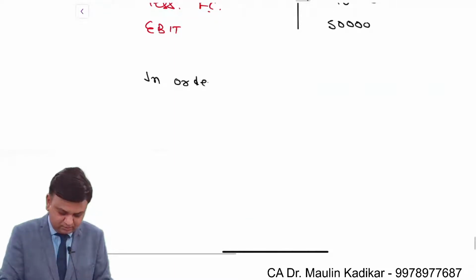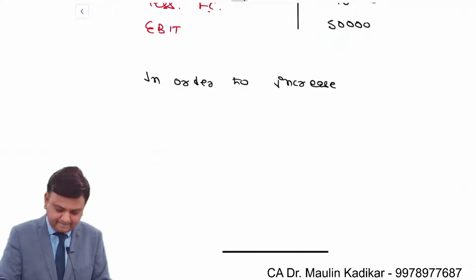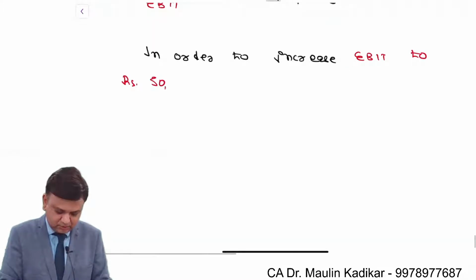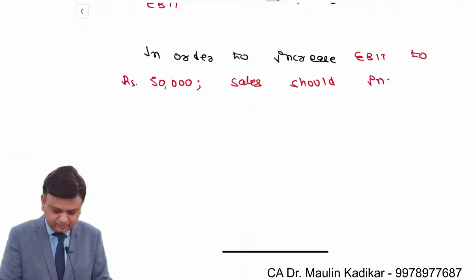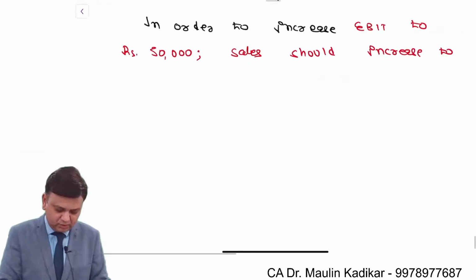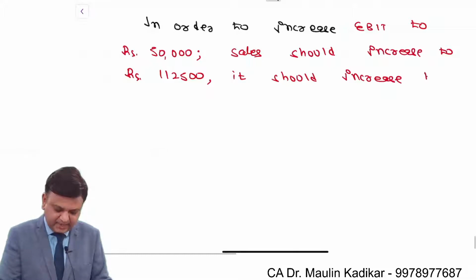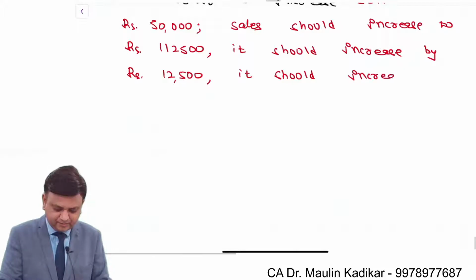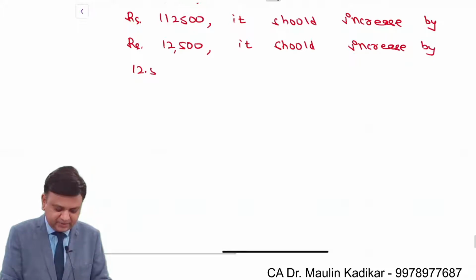In order to increase EBIT to rupees 50,000, sales should increase to rupees 1,12,500, it should increase by rupees 12,500, it should increase by 12.5 percentage.